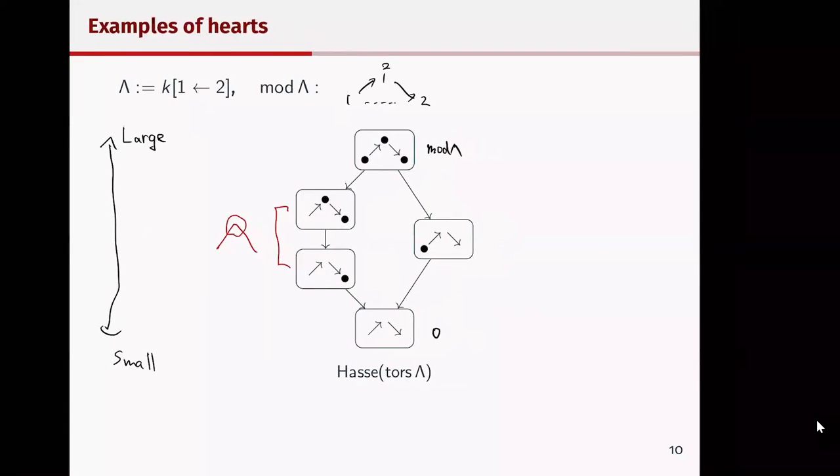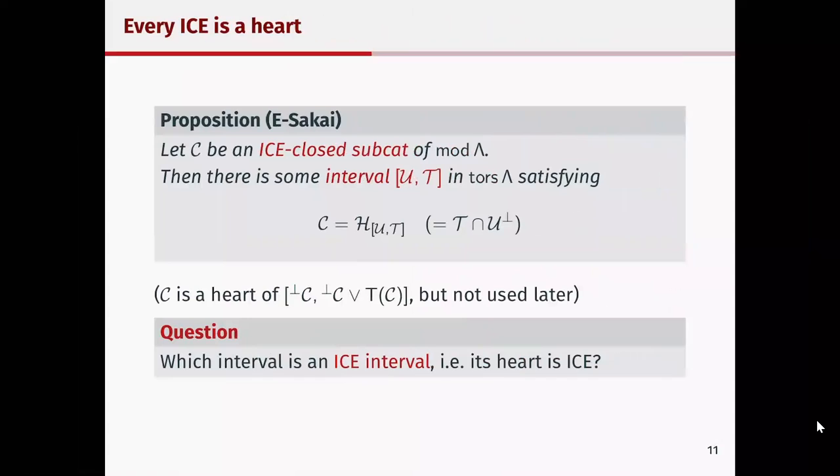But maybe you wonder why I started talking about the heart. It's because every ICE closed subcategory is a heart of some interval. So this is the starting point of our joint work. Let C be an ICE closed subcategory of mod Λ.